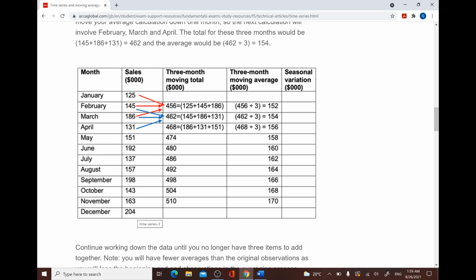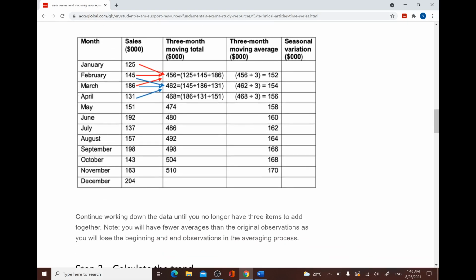The next one is March, April, and May, midpoint here. So April, May, and June, the midpoint is going to be 4, 7, 4. You have to do it, and you realize that this moving total stops in November. So how do you get the moving average, like I said, using all these moving totals and dividing by 3. So you have all your trend calculated up to November.